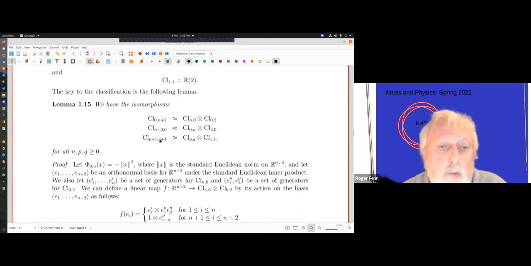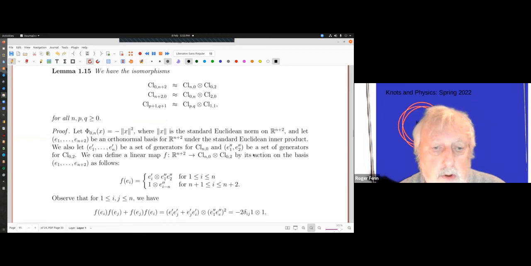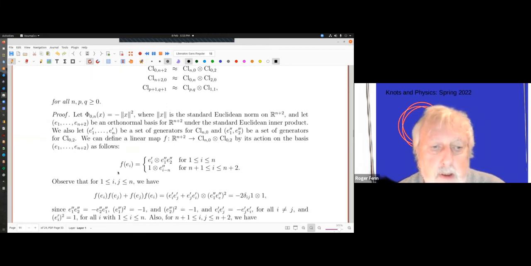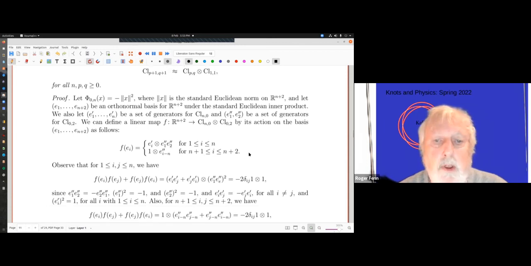And if I add 1 to each of p and q, I get Cl(p, q) tensor with Cl(1, 1). I won't go through the details, but they're all here. I think it's correct, but no doubt Scott will find a mistake.